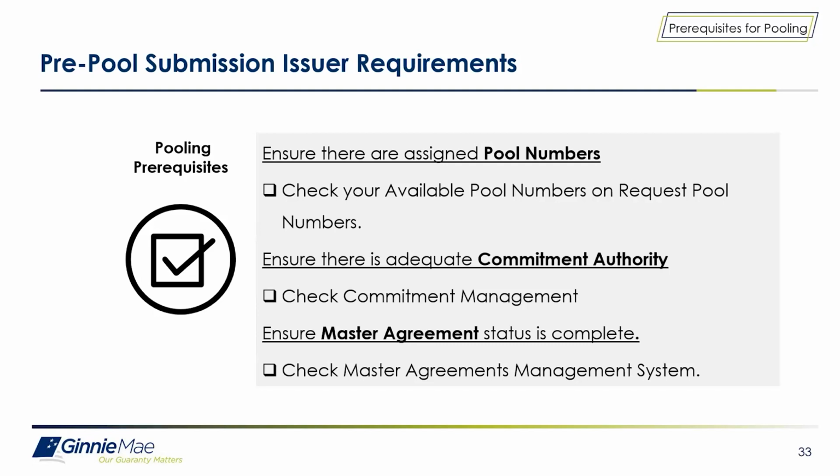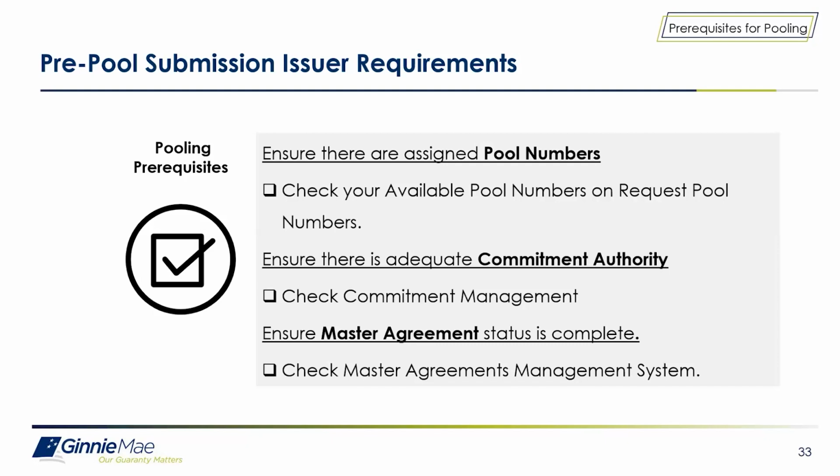The same thing, when you're doing your commitment authority, check your daily balances. So if you're doing a pool for 10 million, and your balance says you have 9, then there's a problem. You can't do that pool right now until you request more commitment authority. Because if you do that pool, most likely it might go through MFPDM, but guess what?